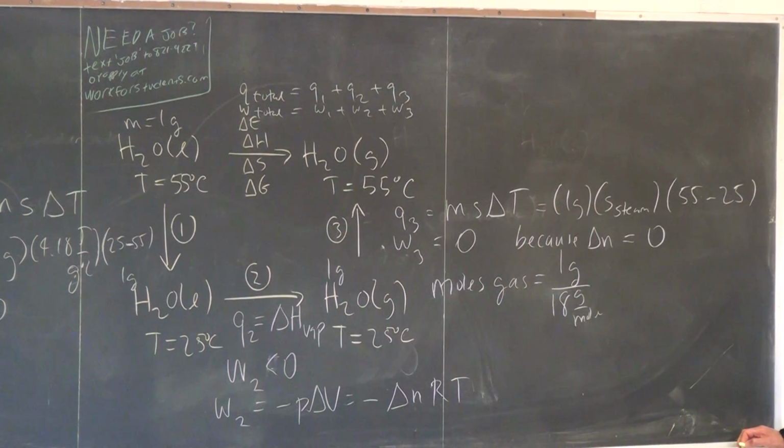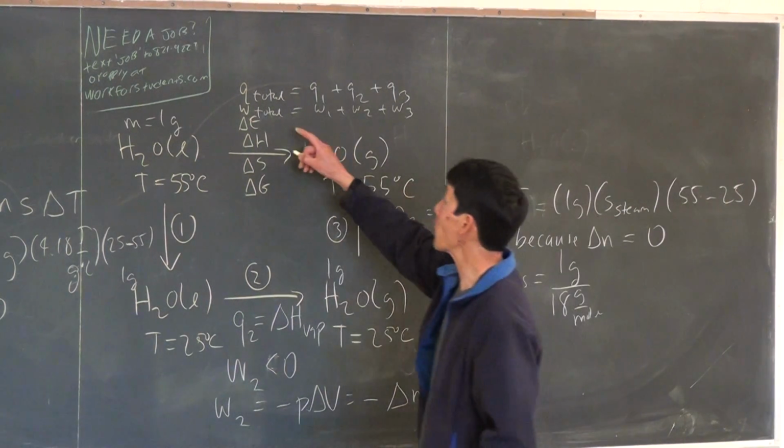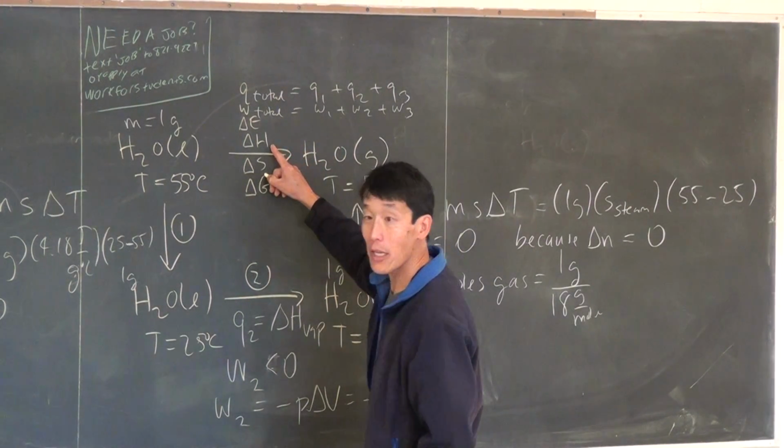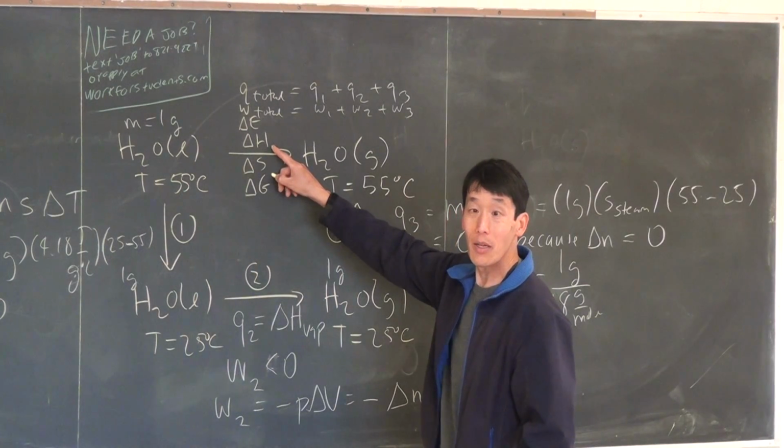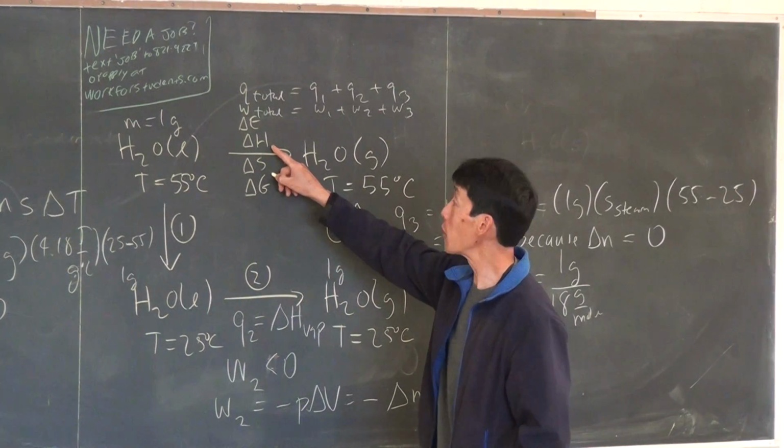So now that you know Q total and W total, can you calculate delta E? Yeah. So delta E, like we said over there, is equal to Q plus W. Delta H is equal to Q total.